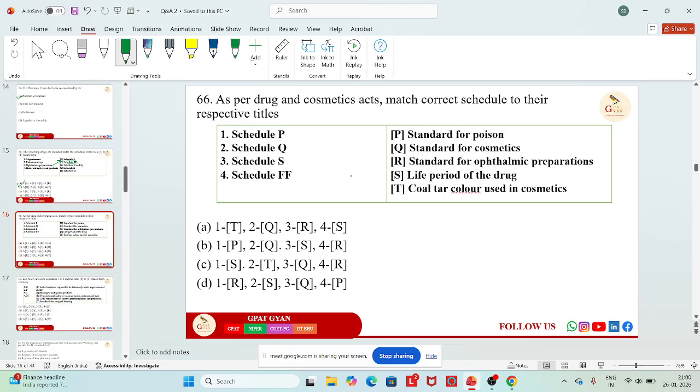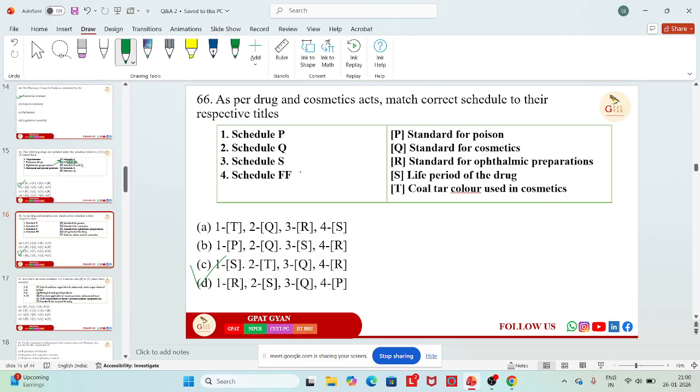Next, another one. I can revise all of your schedules from these match the followings only. And schedule FF is in all questions. Well, C have. Yes, C is the answer.